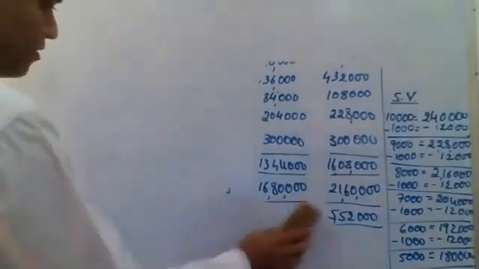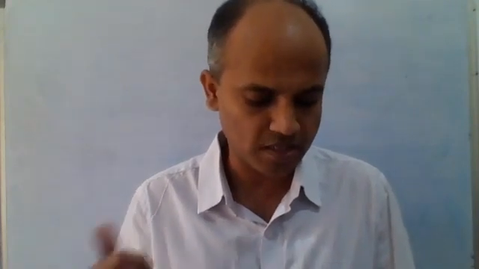Then going to question number 24. If you see, question number 24 says a factory is currently working at 50% capacity and produces 10,000 units. Estimate the profit of the company when it works at 60% and 80% capacity.